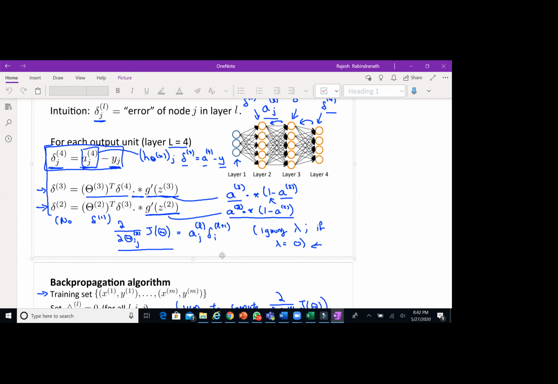A3 is the calculated value of layer 3. For layer 4, you have an actual value and a calculated value. Correct. Now the problem is you don't have an actual value for layer 3 because layer 3 is an imaginary node, a hidden node or a derived node.